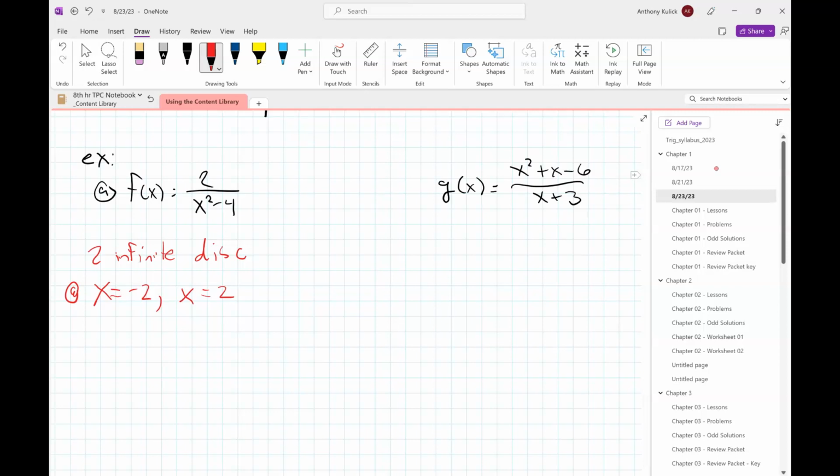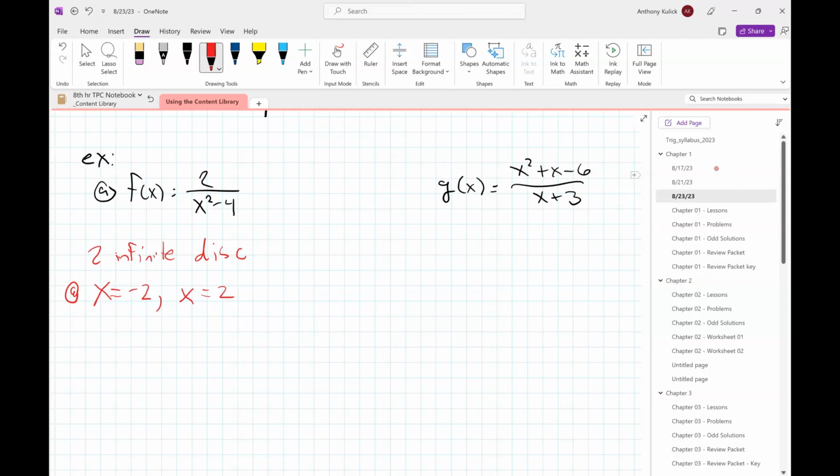What do you notice happens if I try plugging -2 or +2 into my function? What do you notice happening if I try plugging -2 or +2 in for the x in f of x? Yeah, I have a denominator of 0.